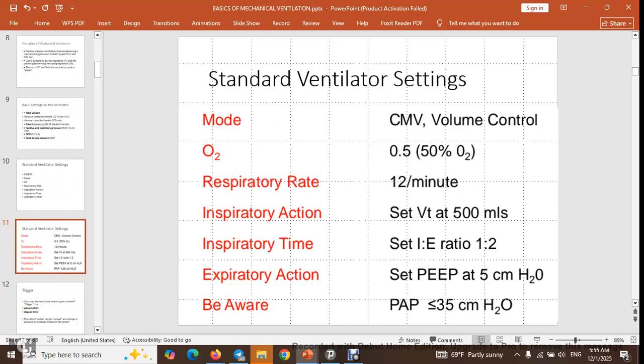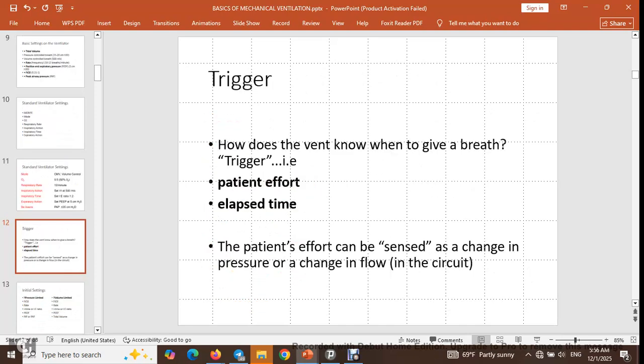The other is respiratory rate and respiratory action set, tidal volume, limit and cycling.